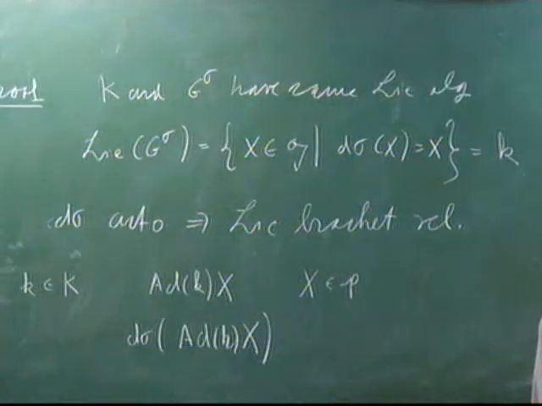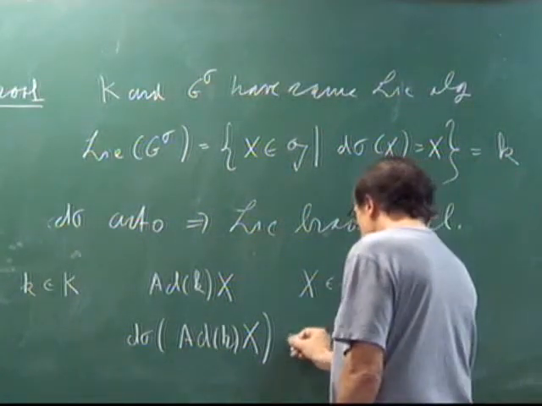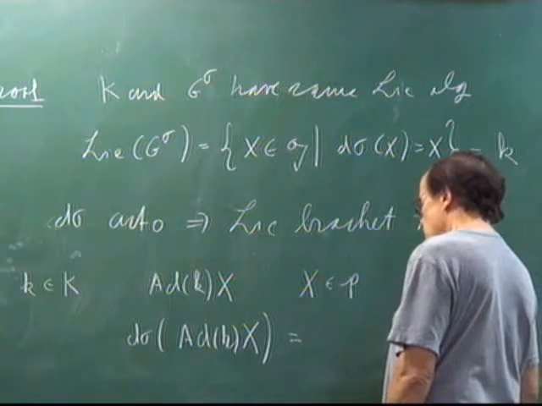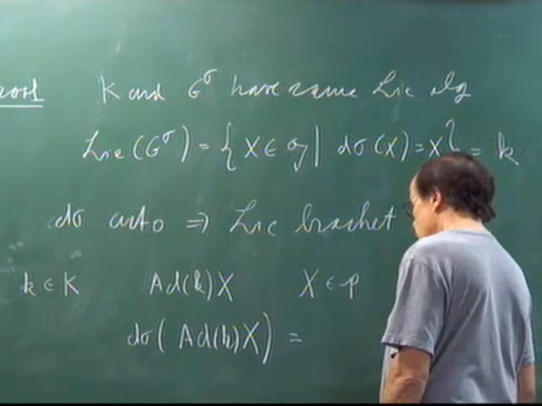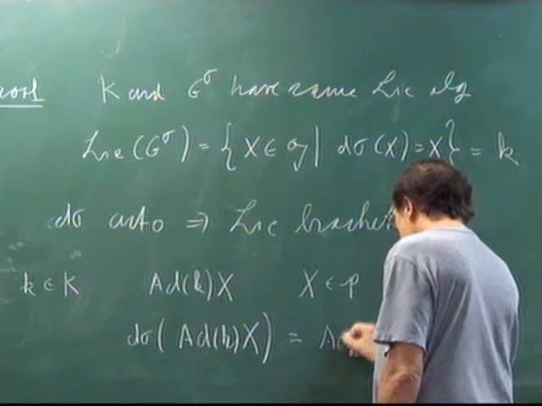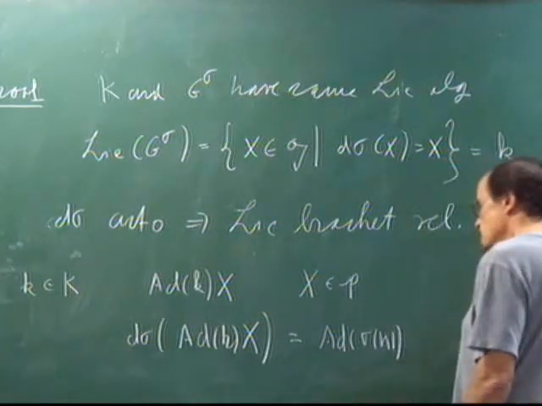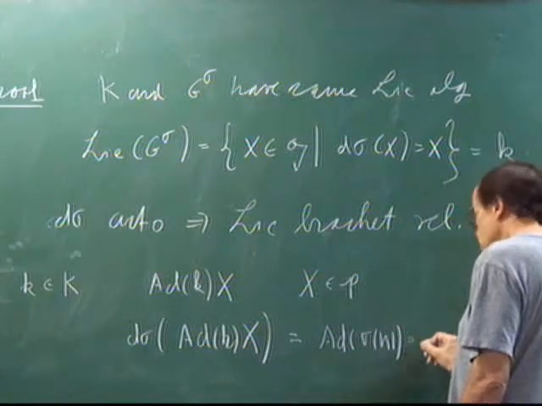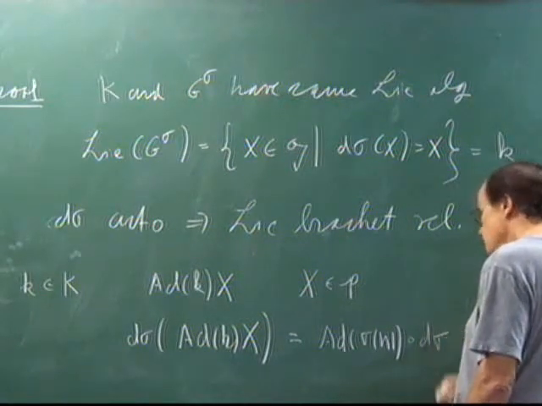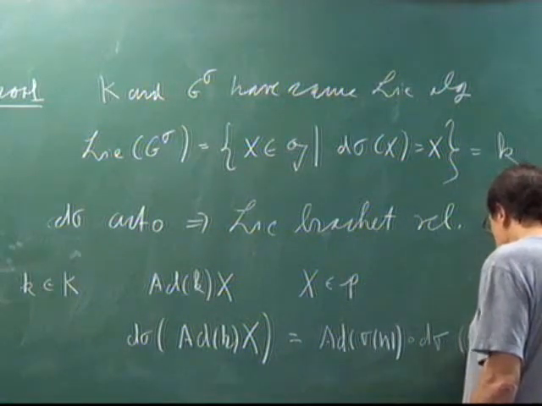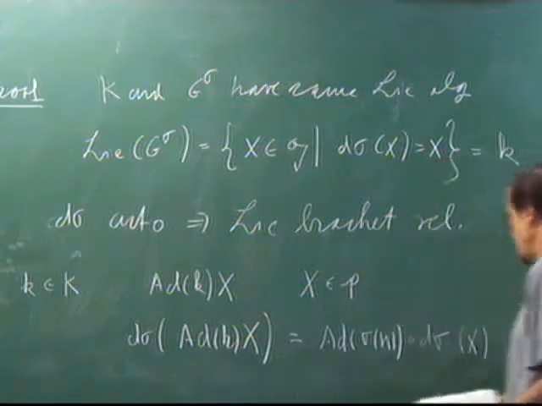But sigma is an automorphism. So what is this? I claim it's Ad of sigma of H composed with d sigma applied to X. So why is that?